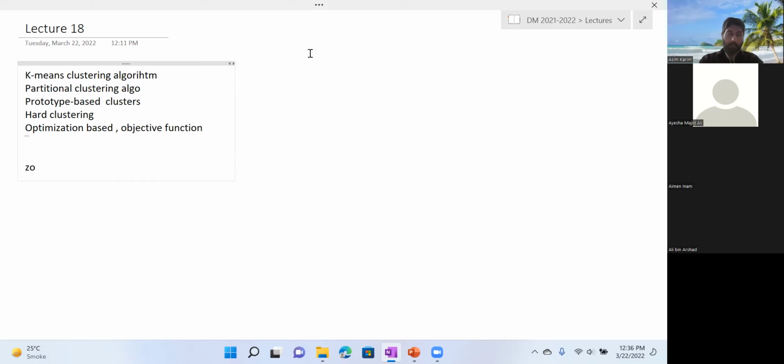So it's a partitional algorithm, so it requires the number of clusters as input, which of course is k, the number k.